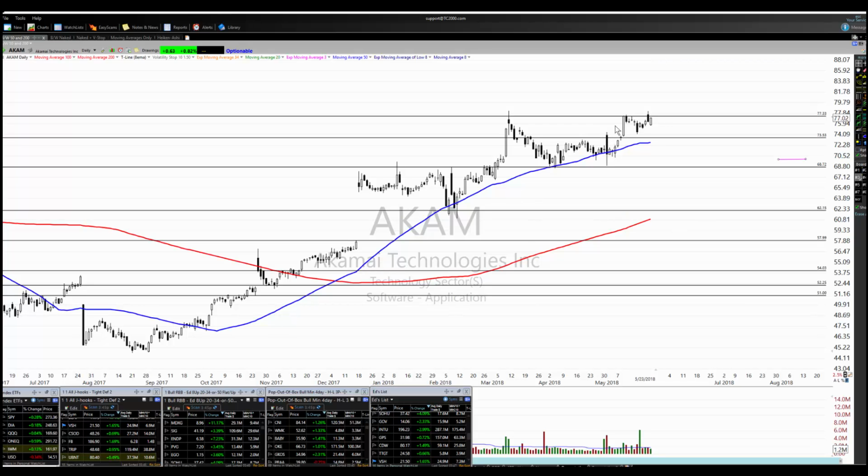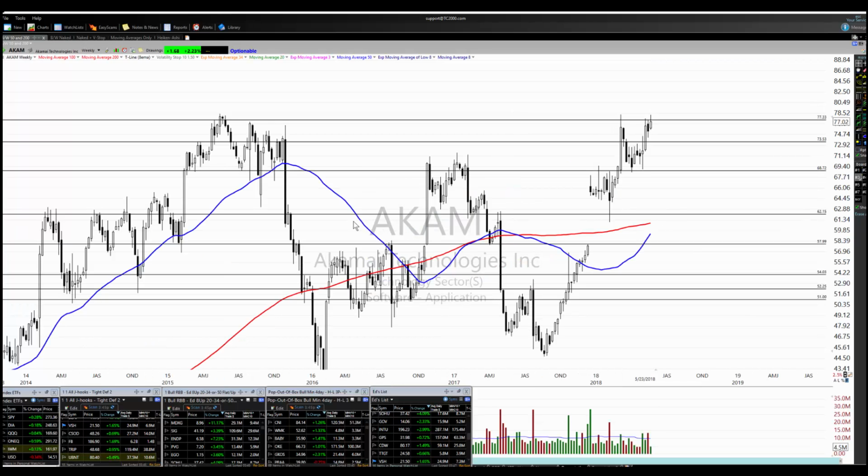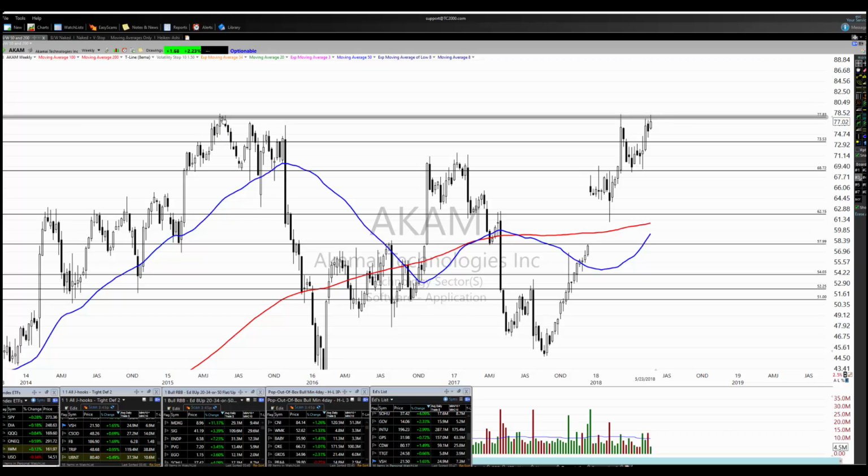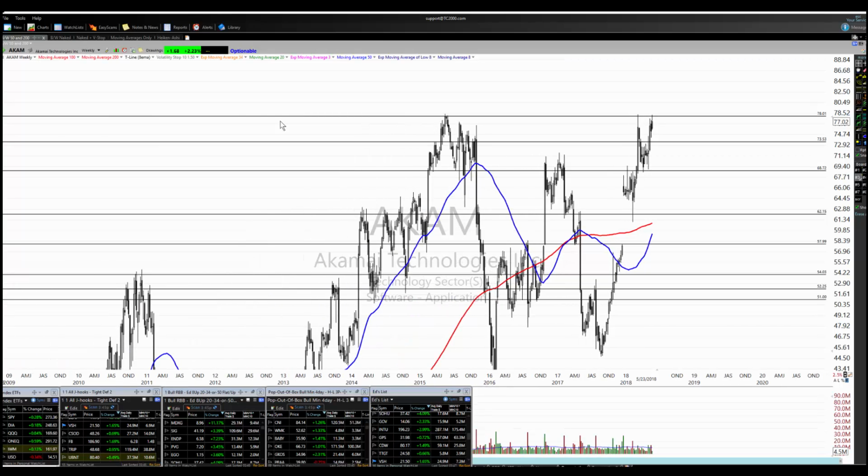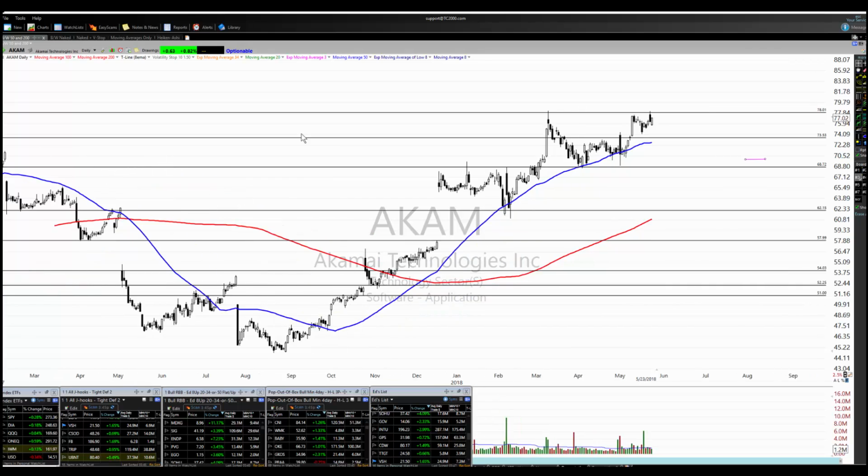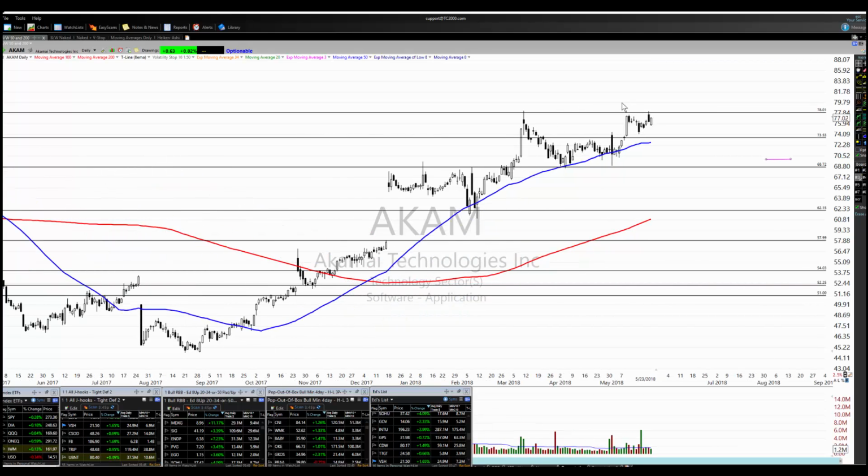Let's look at a weekly. You can see that at a weekly, someplace in here is a valid resistance level. So it's got to prove itself there.